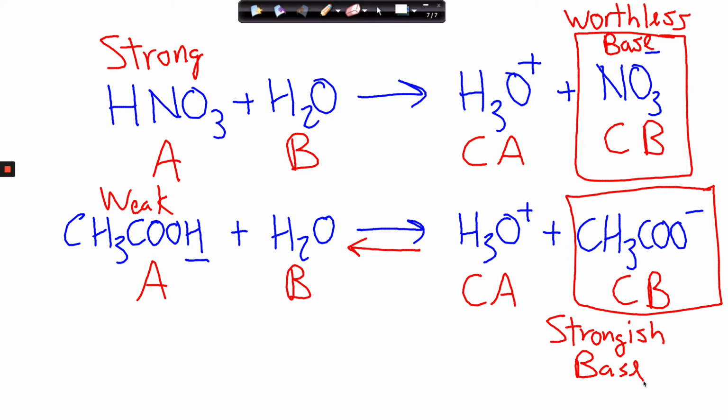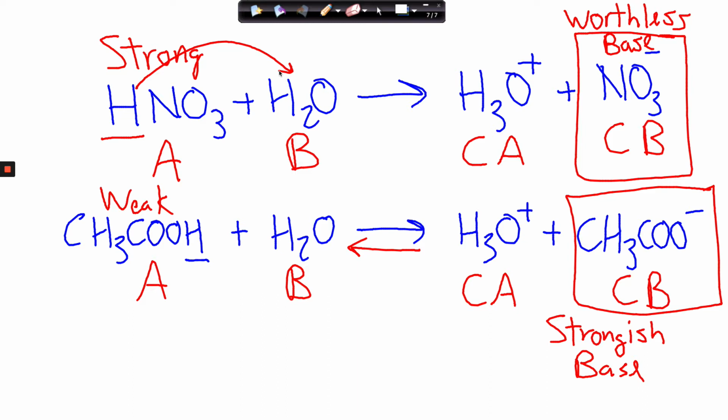So guys, this is the idea. We're going to start by talking about the first reaction. Why is nitric acid a strong acid? It has nothing to do with the nitric acid. It has to do with the nitrate. So here's what happens. This acid gives its proton to water. And water goes, hey, I'll take that.